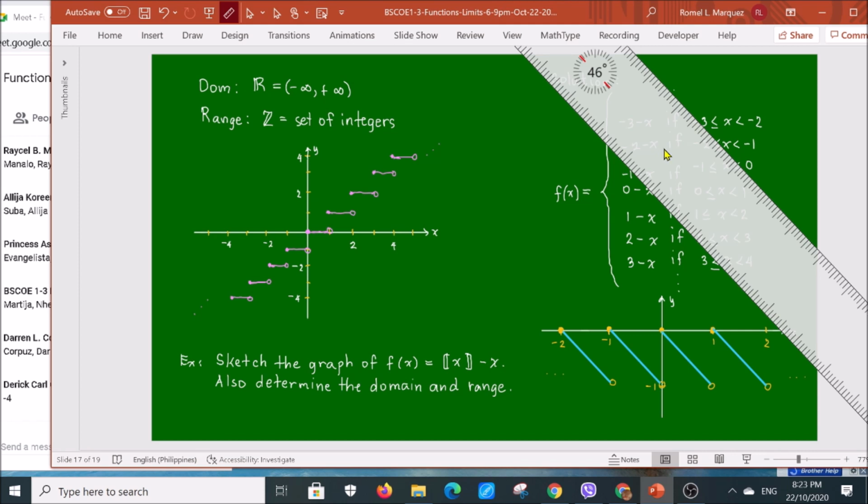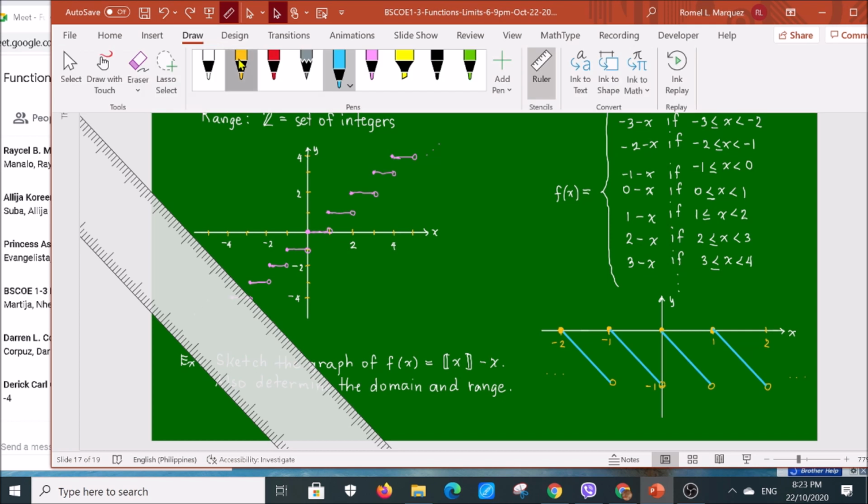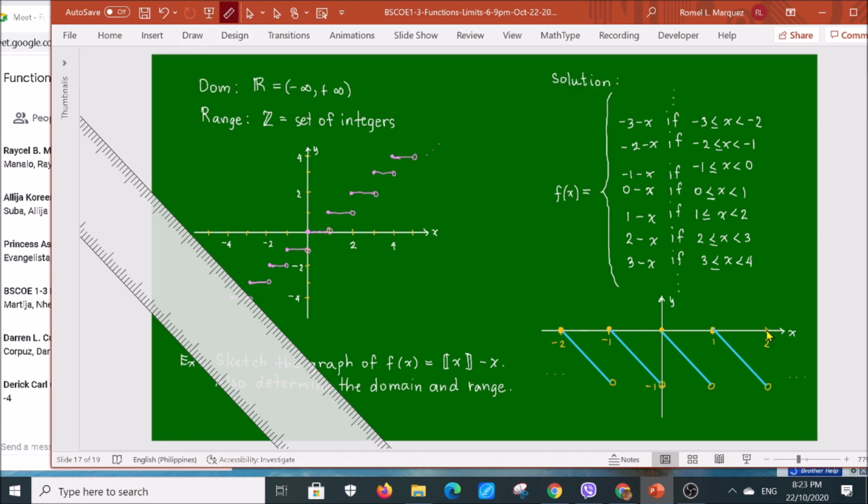And it continues. When x is 2, the graph is actually 0. 2 minus 2 is 0.